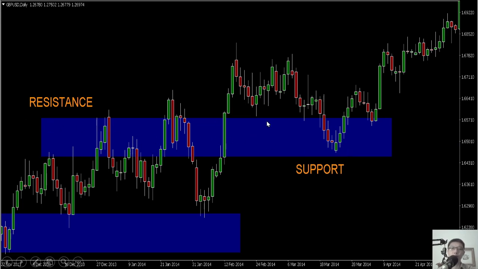This is another example about resistance become support. This is a resistance because there is a double top. This first top, second top.